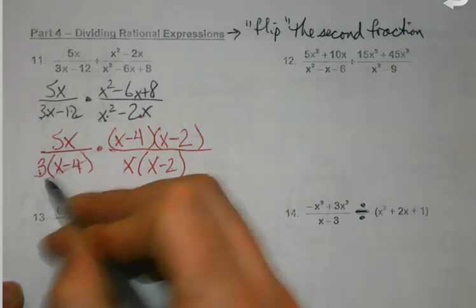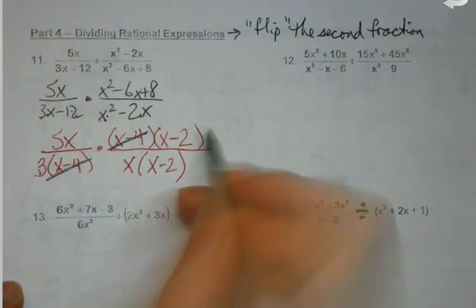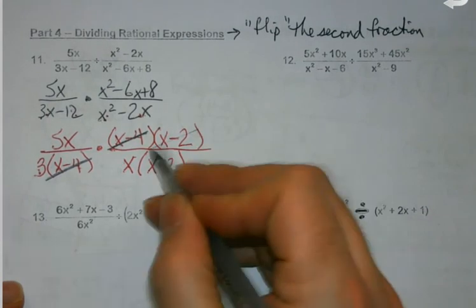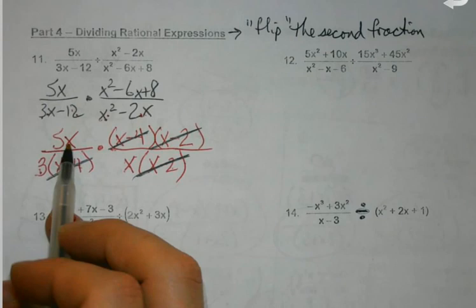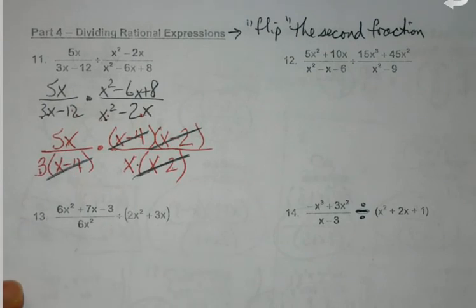Now I can start looking for things to wipe out. Well, it's pretty obvious that the x minus 4s are identical. The x minus 2s, they're identical. Now lies the question: can I whack the x's? Let me ask a slightly different way. Do you see a bond? No. If you can't see the bond, it's weak enough that you can whack it.